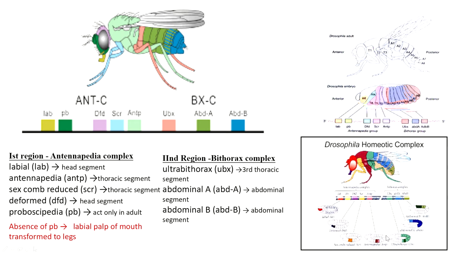Here you can see the different stages of development, how these different genes are acting upon different areas, represented with different coloration. The different figures on this slide are also very helpful for understanding the development as well as the expression of the homeotic selector gene.